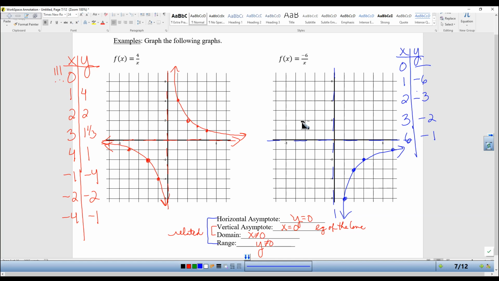But I still need to do the other branch. So if you want, you can just say -1, 6, -2, 3, just because it's going to come out the same. So -1, 6, -2, 3. That won't work so nicely when we start shifting them. -3, 2, and -6, 1.